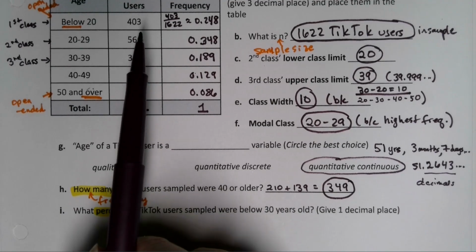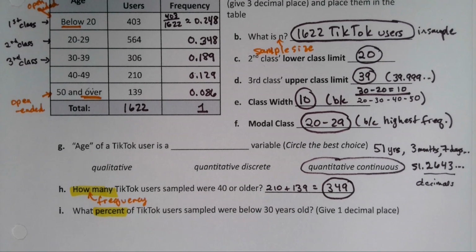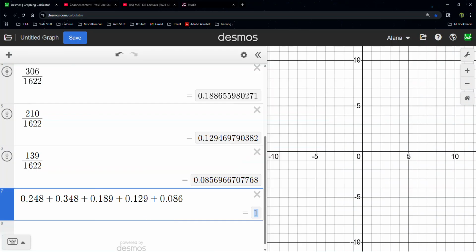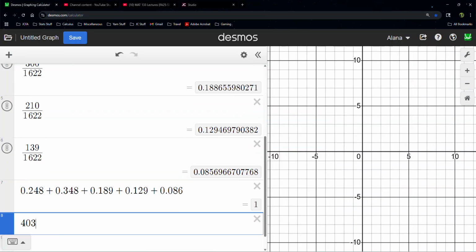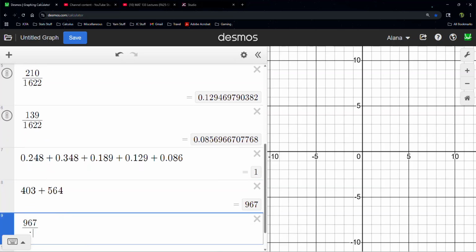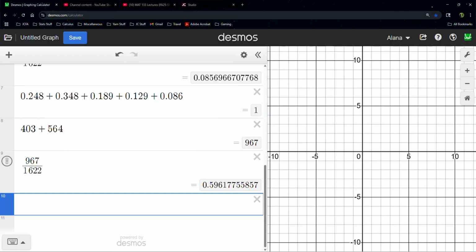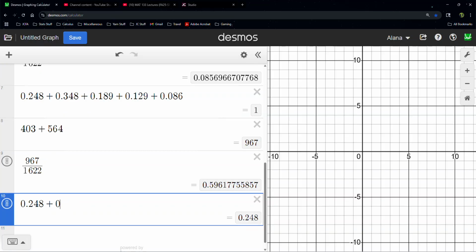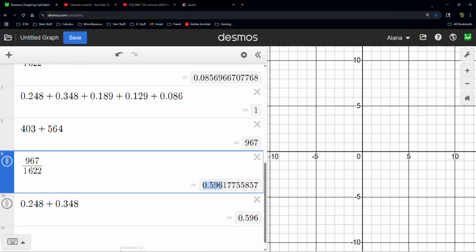You can add up the 403 and the 564. So 403 plus 564 makes 967. So you could take 967 and divide it by 1622. Or you could take the fact that you already know it's 0.248 and 0.348 and add those up, and you'll get the same answer. They could be slightly different due to rounding error, but that did not happen.